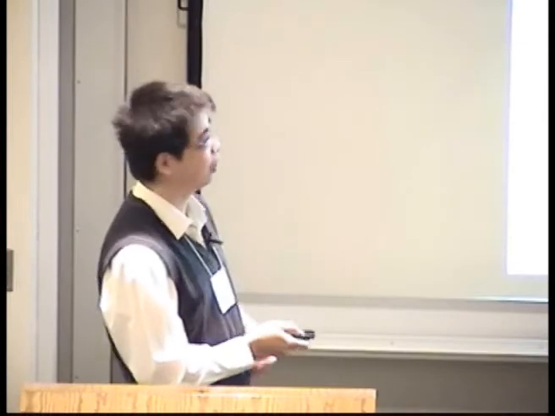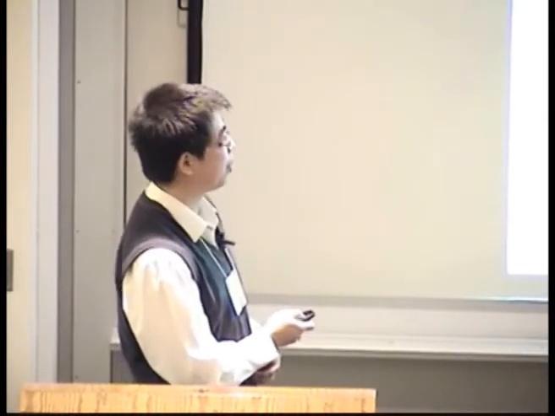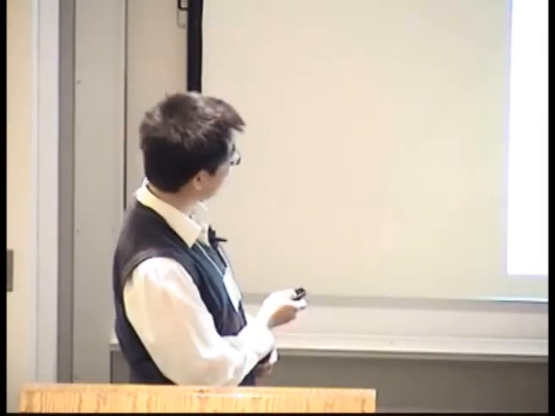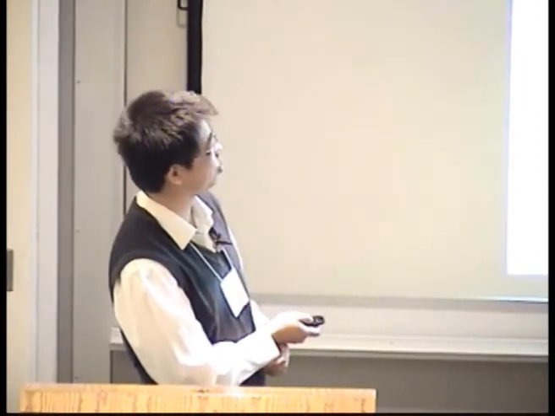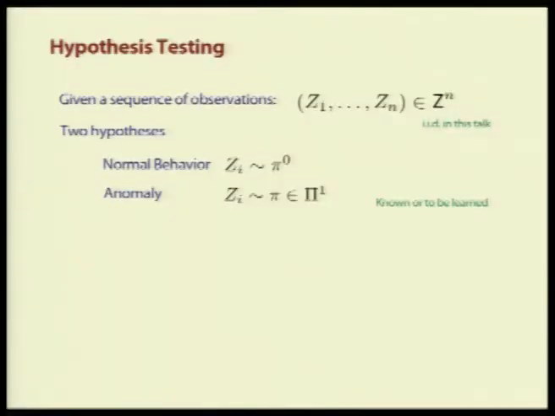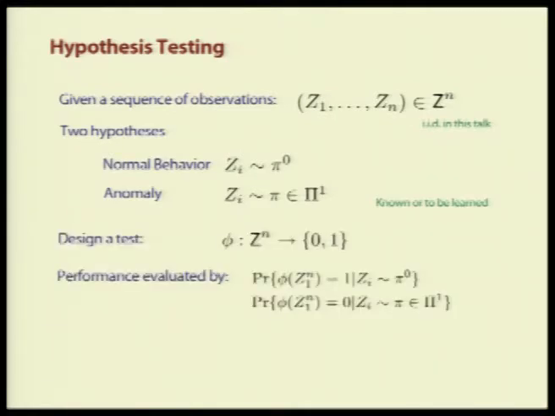You can assume IID in this talk, and we have two hypotheses. First, for the normal behavior, let's right now stick to just a simple hypothesis. So we have Zi distributed as pi 0. For anomaly, you have Zi distributed as pi, which belongs to a set of distributions. And this set can be known, or you have to learn it.